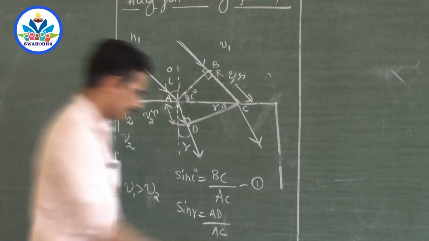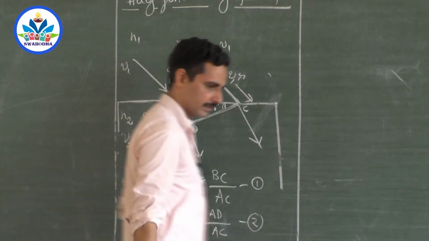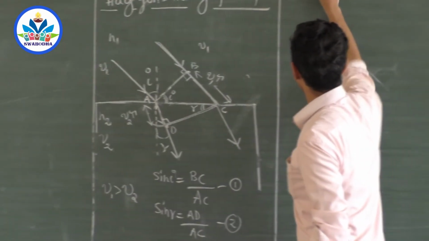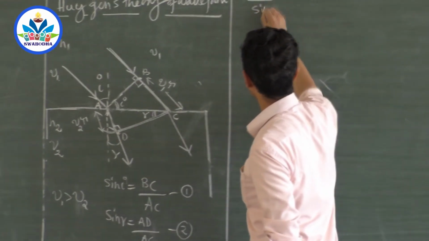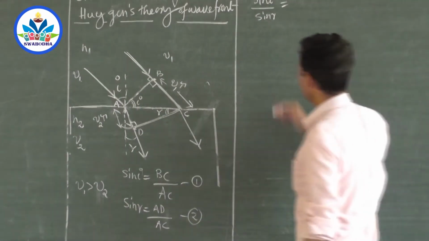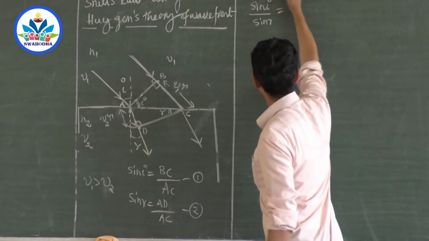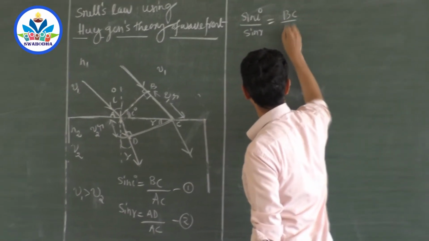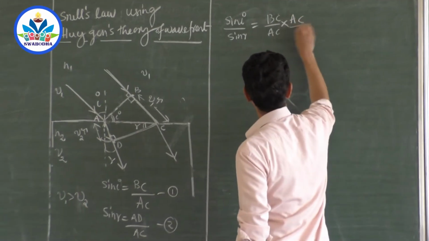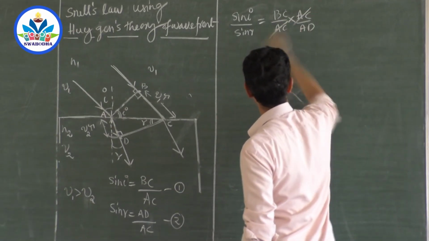Now divide them, sin I by sin R, because that is what gives Snell's law. Sin I by sin R is equal to, what is sin I? BC by AC, into, sin R is AD by AC, so 1 over that is AC by AD. So this gets cancelled.